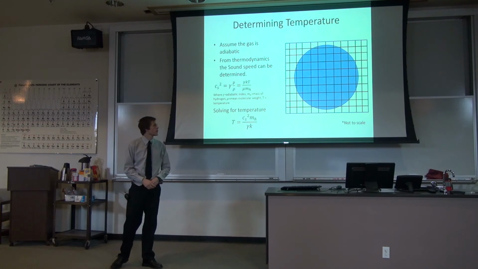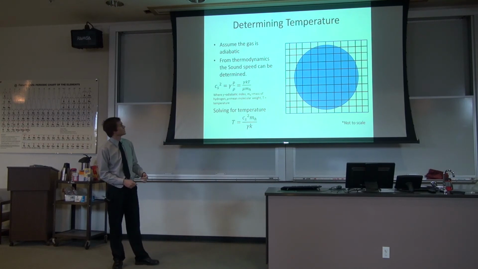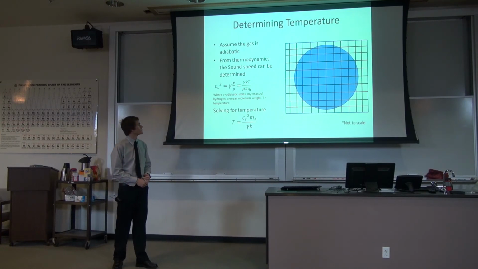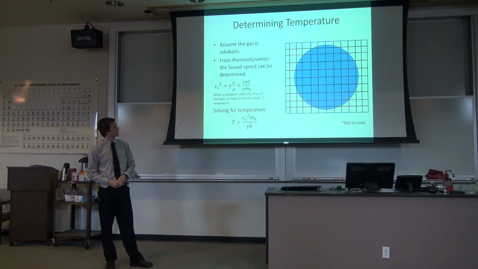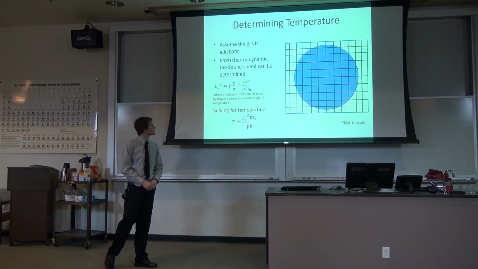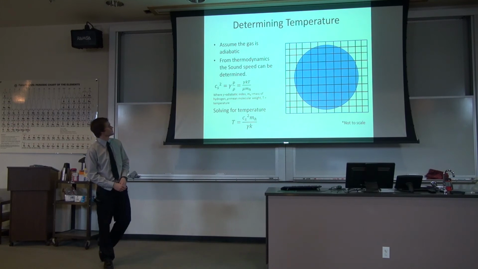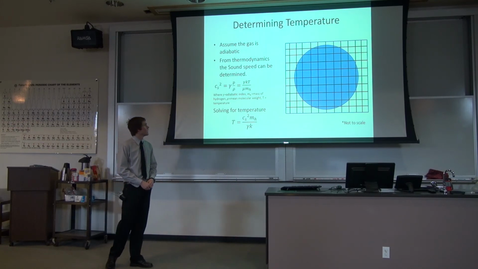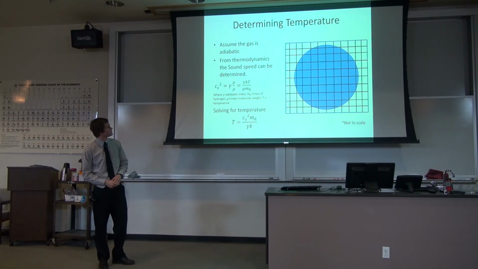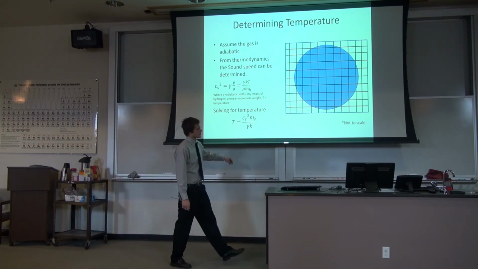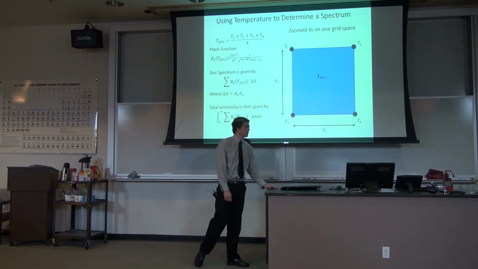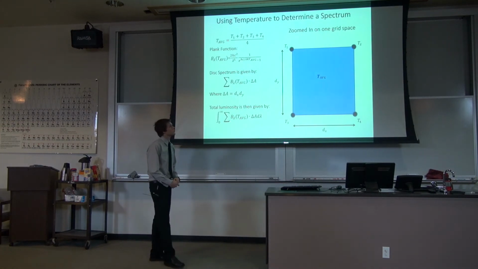And then from thermodynamics, we know that the sound speed squared is proportional to the pressure over density. And replace pressure with your ideal gas law, and you get this relationship where gamma is the adiabatic index, k is Boltzmann's constant, T is temperature, mu is the mean molecular weight, and m_H is the mass of hydrogen. So then you do some algebra, rearrange, and end up with an equation for temperature. Now we can solve for temperature at each grid point.